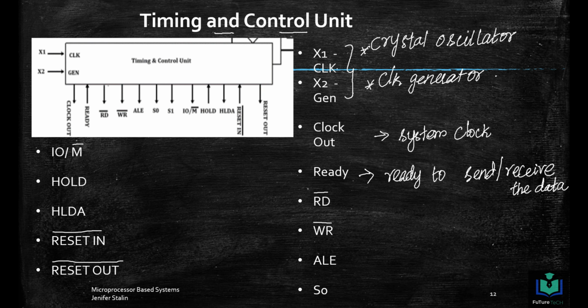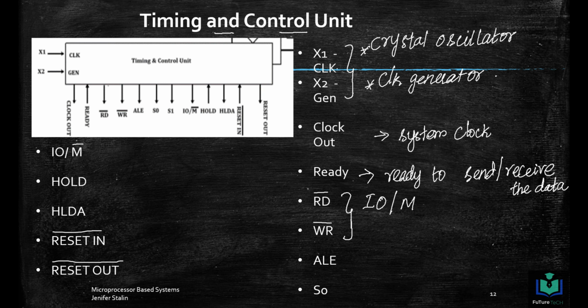The next signals are the read bar and write bar signals. When the read signal is low, the microprocessor can read the information either from an IO device or from a memory device.